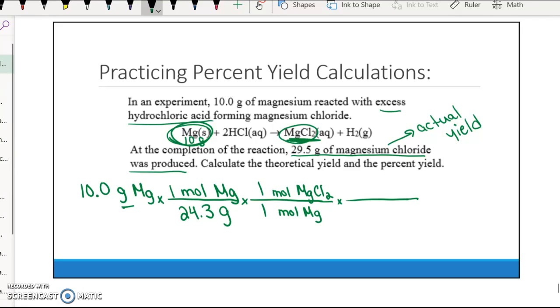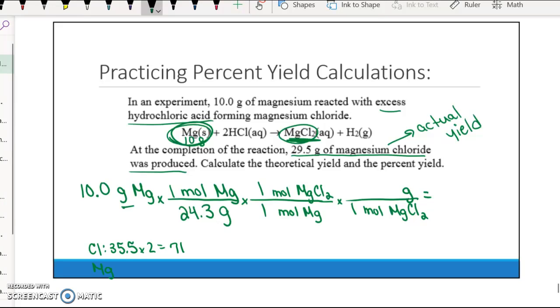So now our last step is going to be our molar mass of MgCl2. So Cl is 35.5 mass. Multiply that by 2, 71 grams.